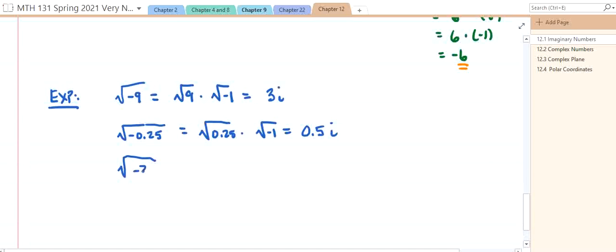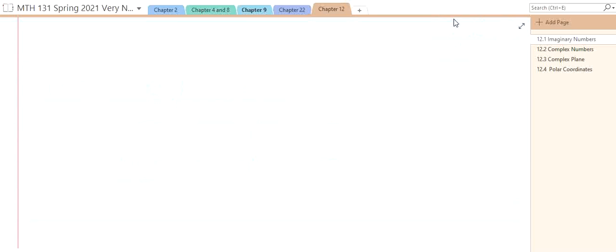Let's just do one more. The square root of minus 3 equals the square root of 3 times the square root of minus 1, which equals i times the square root of 3. I put the i first because it could be confusing when you have a radical. Now we can also do more complicated problems like the square root of minus 75.